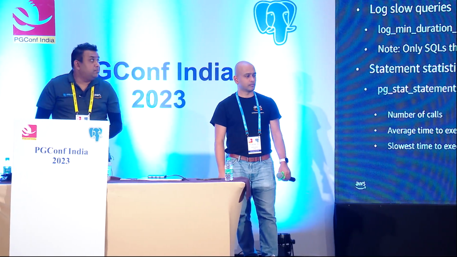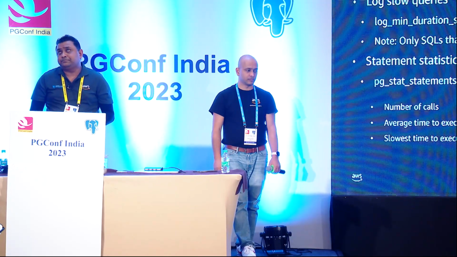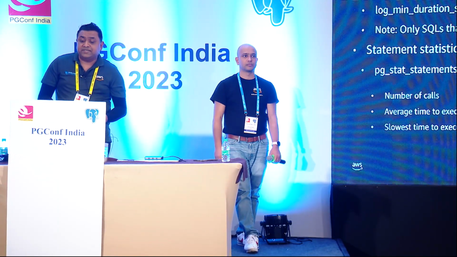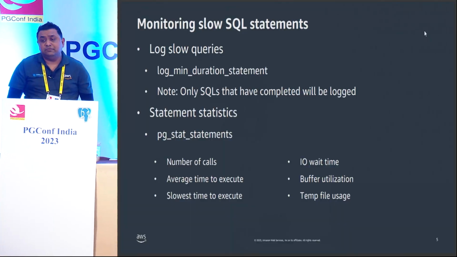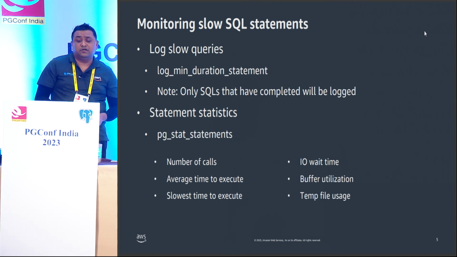And there are two common ways you can go about monitoring your slow queries. The first one involves logging your slow queries by setting log_min_duration_statement to a threshold. It is a dynamic parameter which only needs a config reload of the Postgres config file.